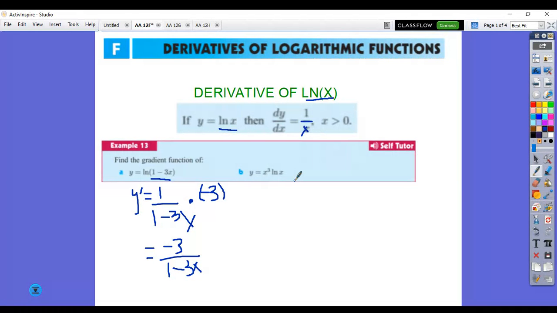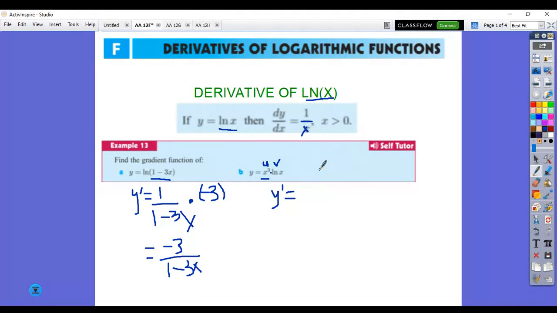All right, in letter B, we're going to get a little bit better grip on the product rule because we have x to the third times ln x. So y prime equals, this is my u, this is my v. X to the third is being multiplied times ln x.